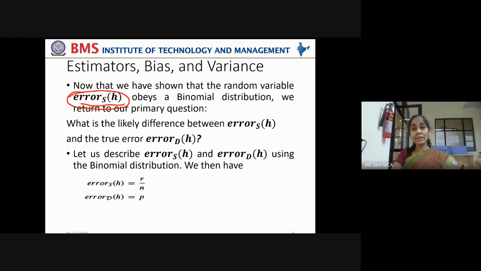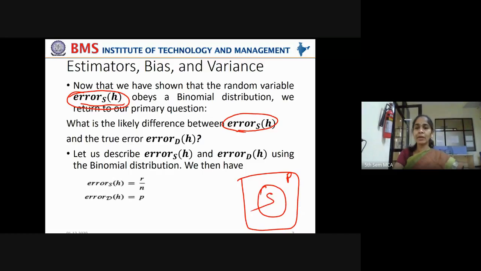What is our seed question, our starting question that led to this much discussion? That is, what is the likely difference between the sample error and the error in the population? You have a sample. Now, what is the likely difference between the error associated with this sample and the true error associated with the population?